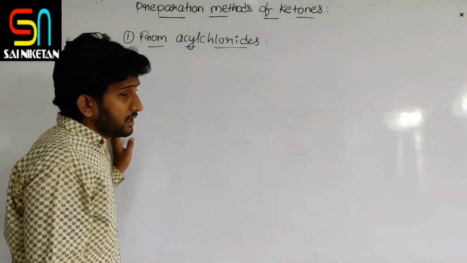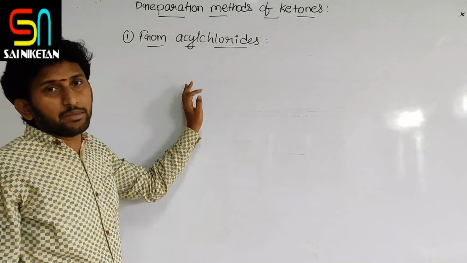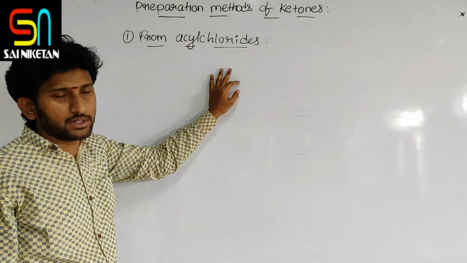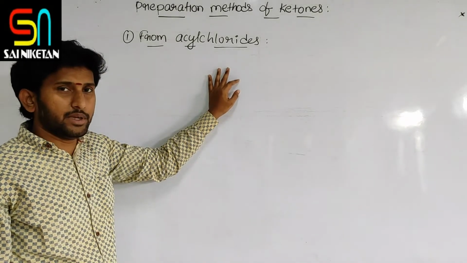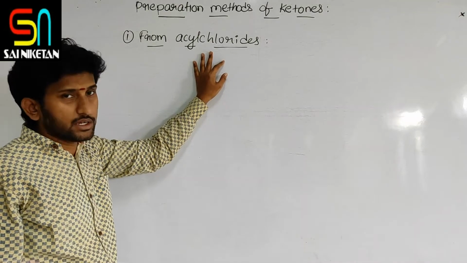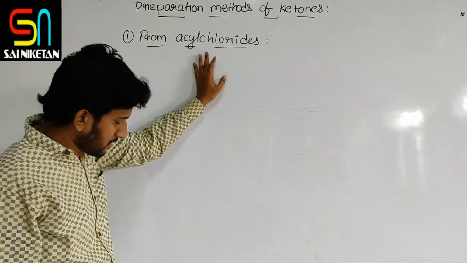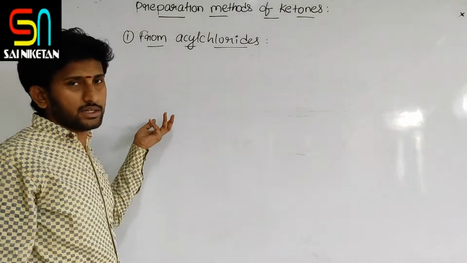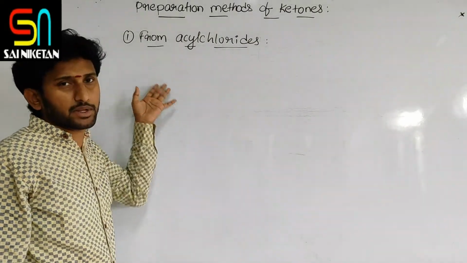That is dialkyl cadmium, one organometallic compound. When it reacts with acyl chlorides, it produces ketones. But how is dialkyl cadmium produced? You will see one preparation method.